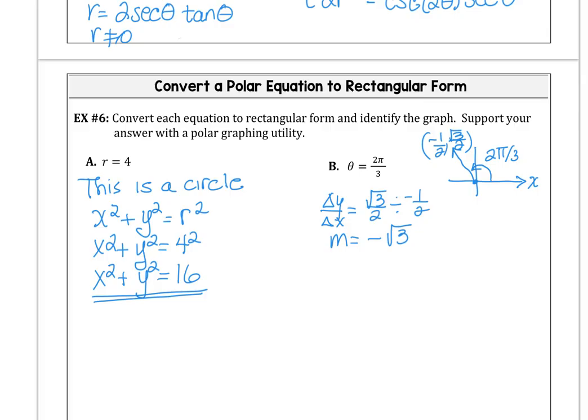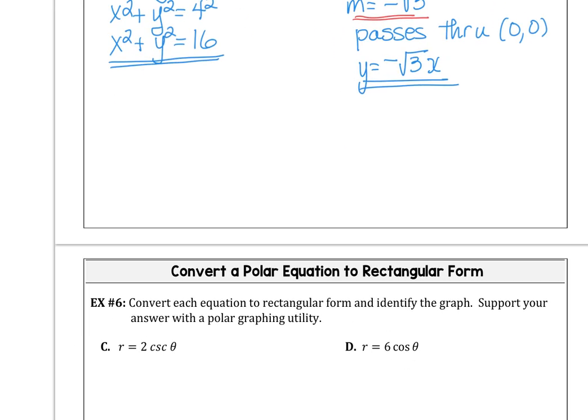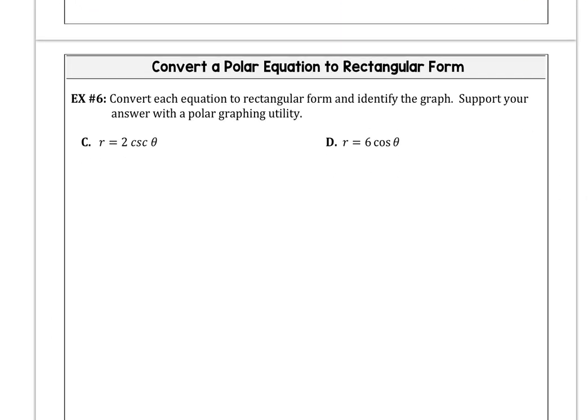That line passes through the origin. It has a slope of negative radical 3. So if we know that, we can write a y equals mx plus b equation. Because we pass through the origin, we have a slope, and we have y equals negative radical 3 times x. And then part C, still converting each equation.